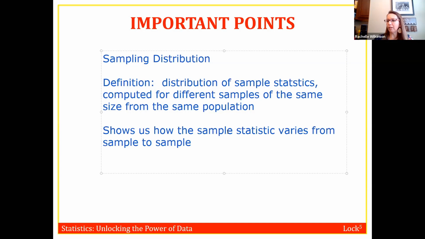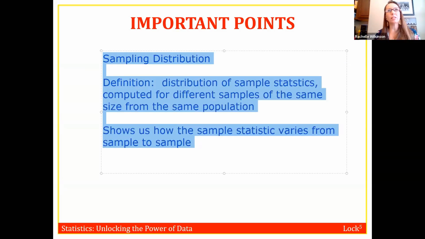All right, so we are going to look at a little example to help us understand what a sampling distribution is and what a sampling distribution does, and see if we can figure out some of its characteristics. I'm going to be doing this mostly inside of StatKey, and if you want, you can pull it up and do it yourself too, so you can learn which buttons to push.